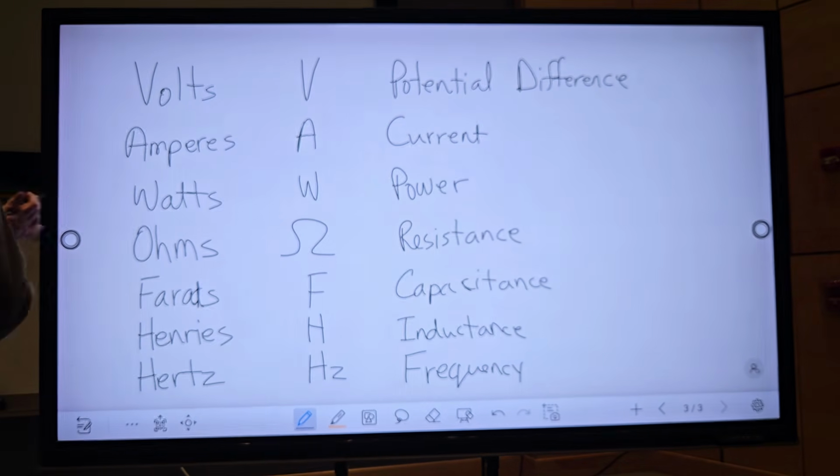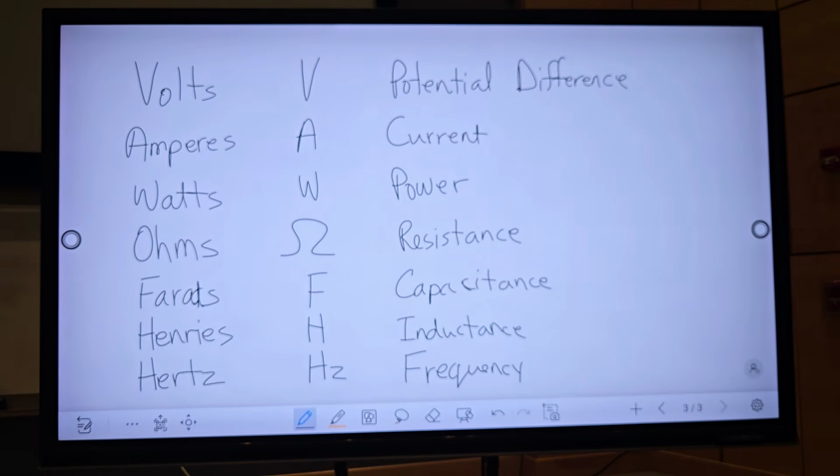All of these can be used with those prefixes that we covered just before. But those are the primary units that you'll be using in the engineering curriculum. Other than, of course, seconds, temperature is typically in degrees Celsius for engineering purposes.